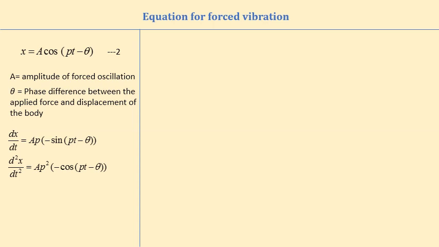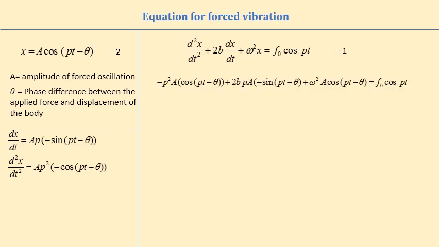Now let us substitute the values of dx by dt and d square x by dt square in expression 1, so that we will get minus p square a cos of pt minus theta plus 2b pa into minus sin of pt minus theta plus omega square a cos of pt minus theta equal to f naught cos pt.